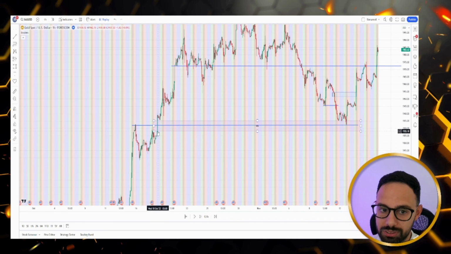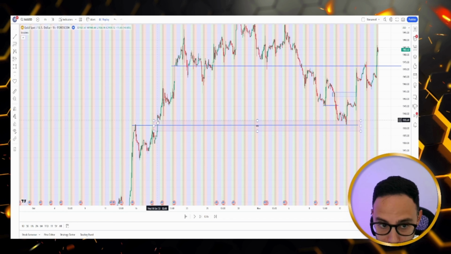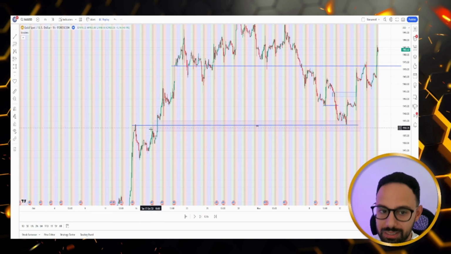What happens? They get taken out. This is why this imbalance has to be created, because we have to break through this with force. The sellers get taken out. Imbalance is left. We come back to that imbalance to fill, to rebalance the market.